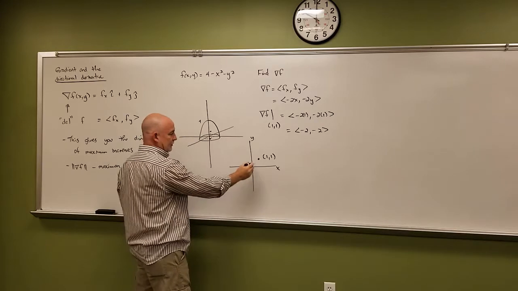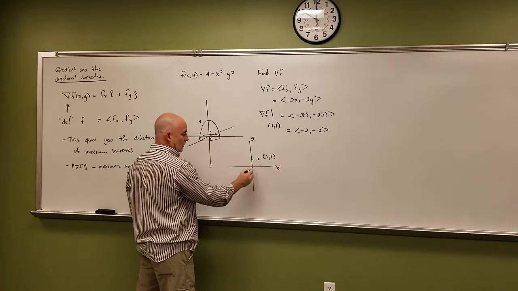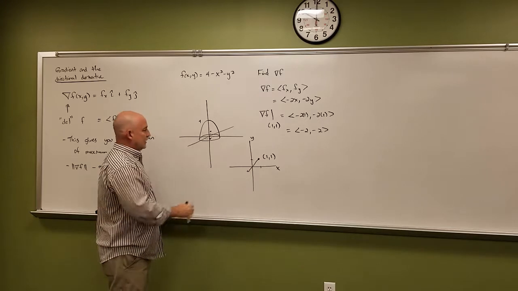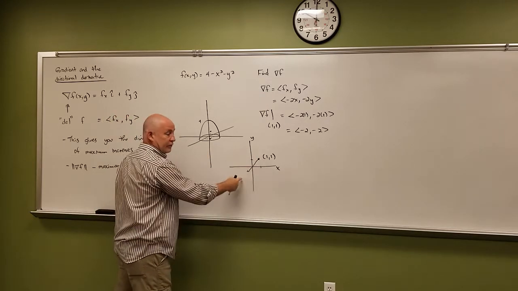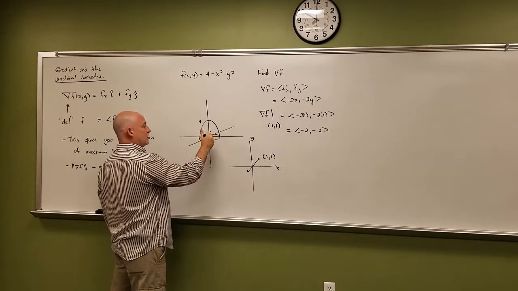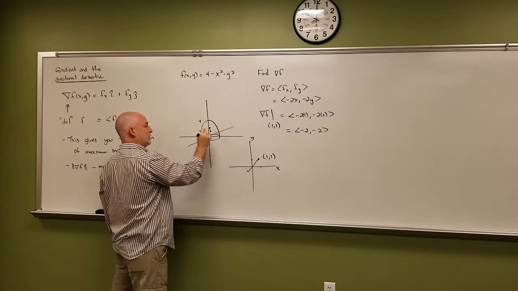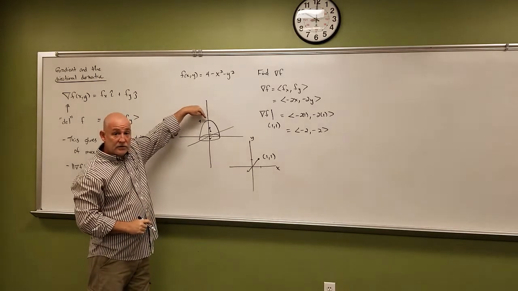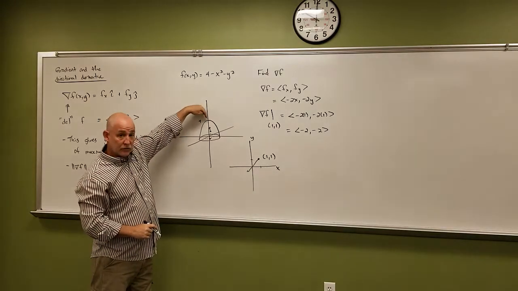So think about that from here. If that's our point (1, 1), negative 2 points in that direction. Now it's hard to see in this picture, but it points straight through the origin. So this says if you were to walk towards the origin, that would be walking straight towards the top of the mountain here. That would be the direction of the maximum increase that you could do.